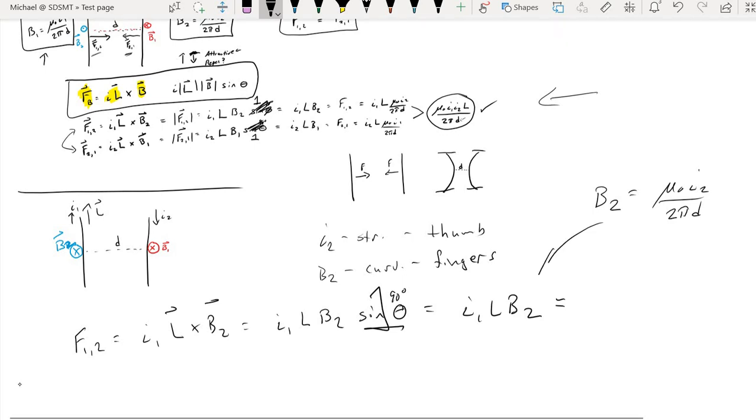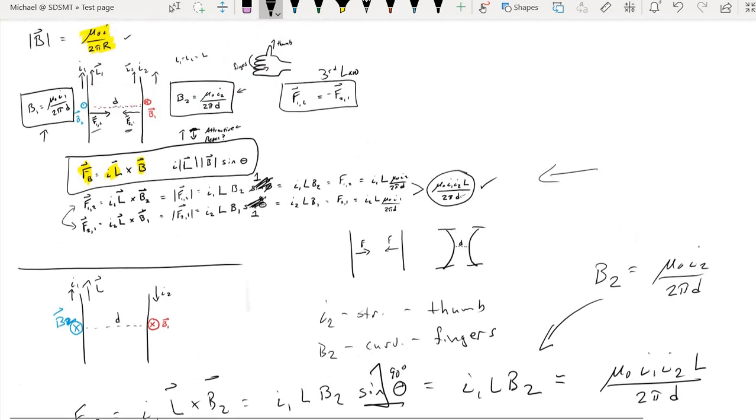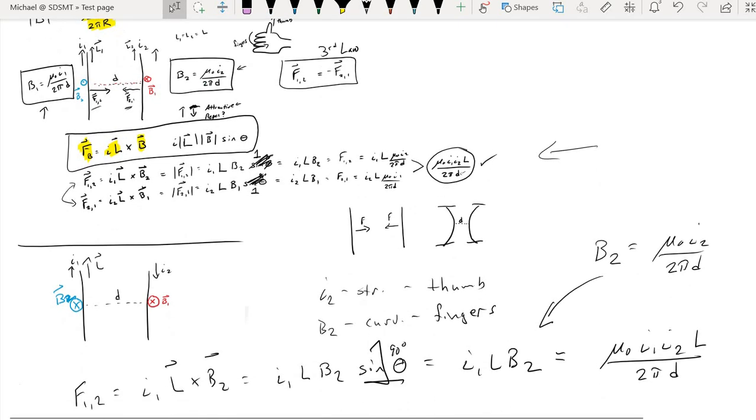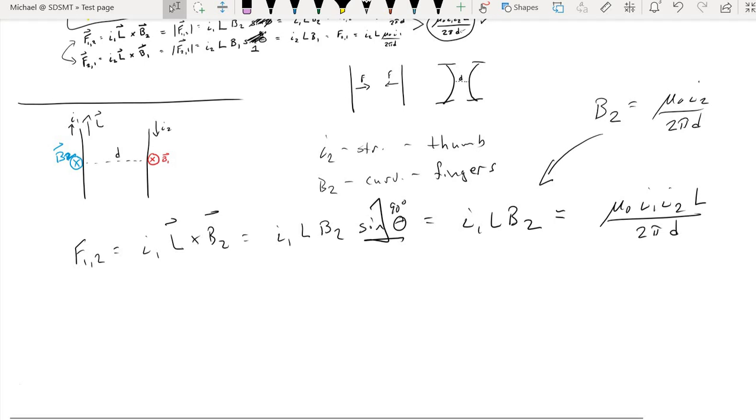If we plug all that in, we get exactly the same magnitude of force as what we got from the previous combination. So it looks like whether these wires are carrying their currents parallel or anti-parallel to one another, we're still going to get the same magnitude of force.